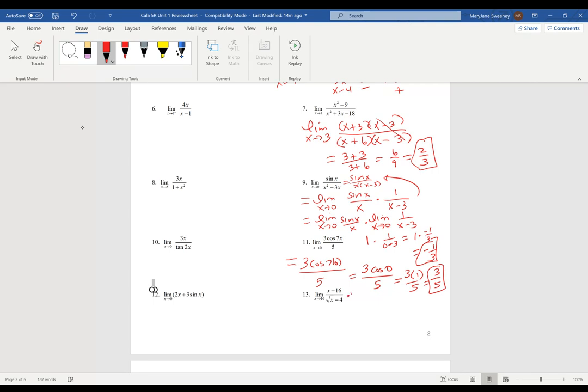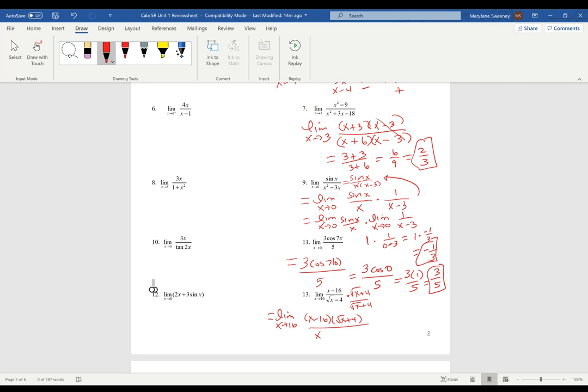13 is very similar to the number 2 that we did. You are going to multiply top and bottom by radical x plus 4, the conjugate. So it's the limit as x approaches 16. Wherever I have radical and non-radical, I'm going to leave it factored. Wherever I have the 2 radicals, I'm going to FOIL it.